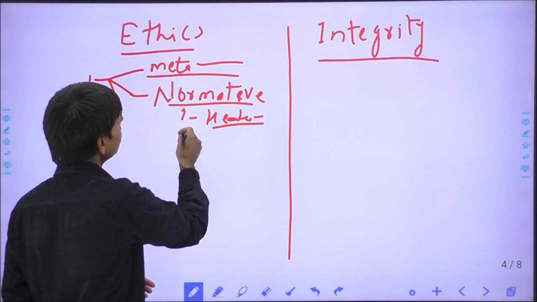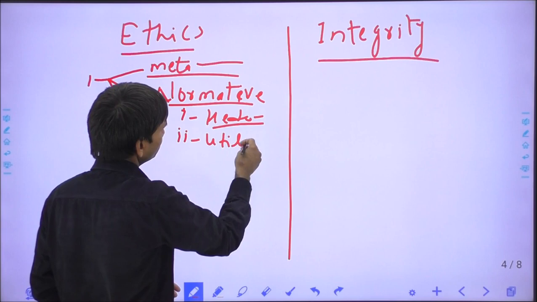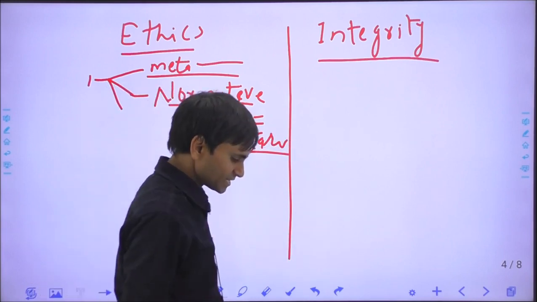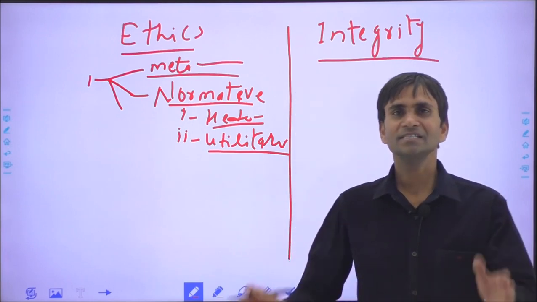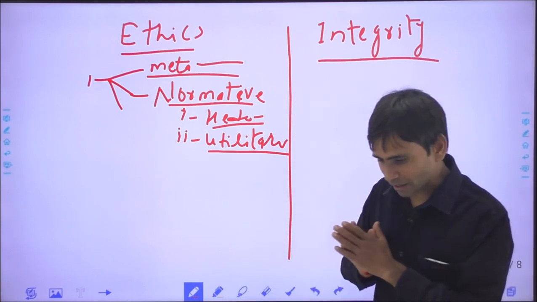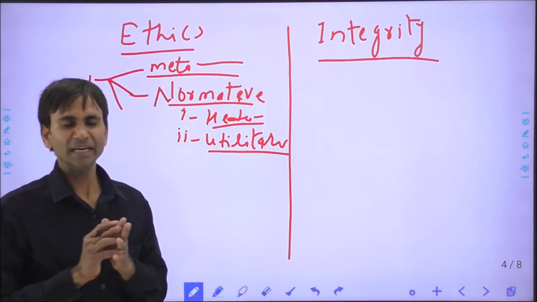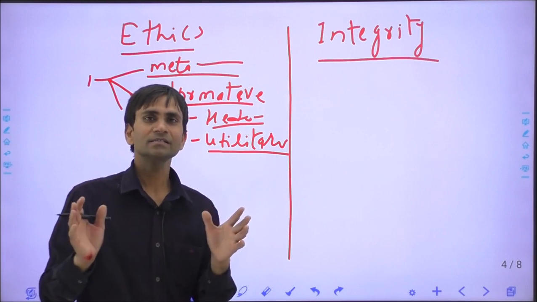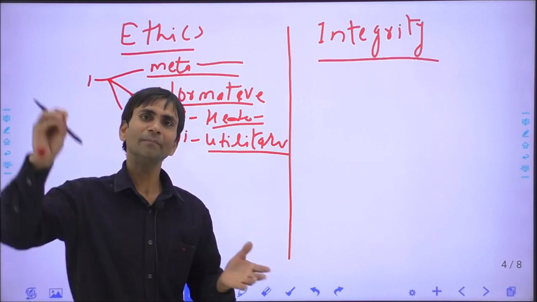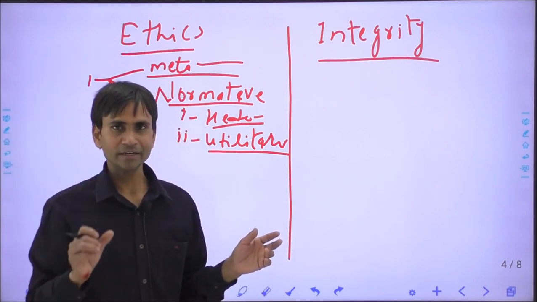Second is utilitarianism. The utilitarian concept also emphasizes the result or utility of any human action. If the activities of human beings provide pleasure, happiness and goodness to the maximum people, definitely it is right, or it may be right.